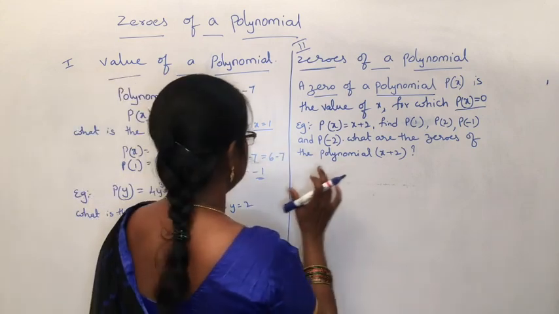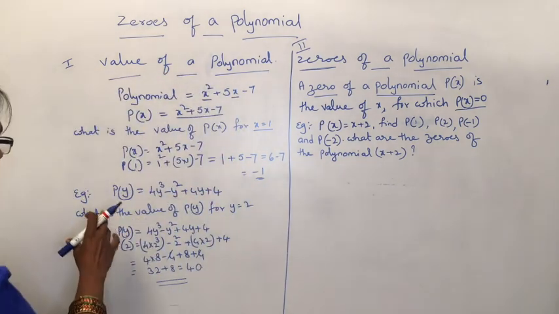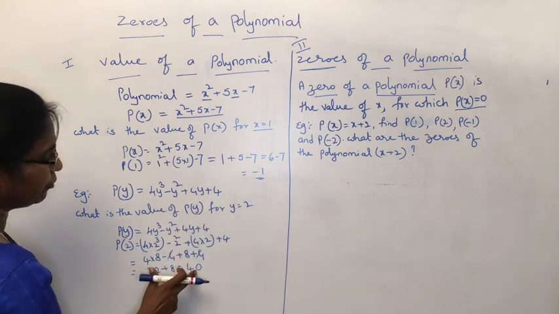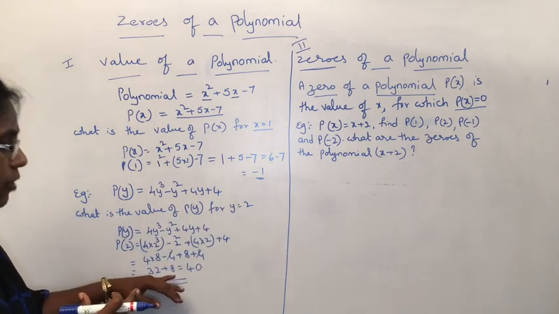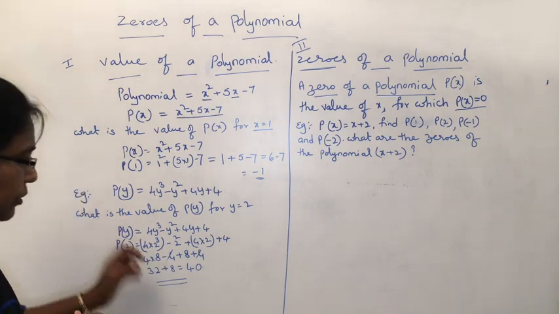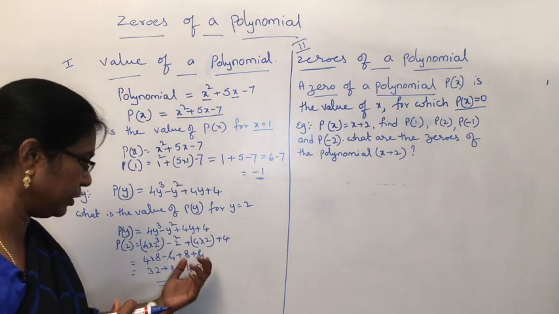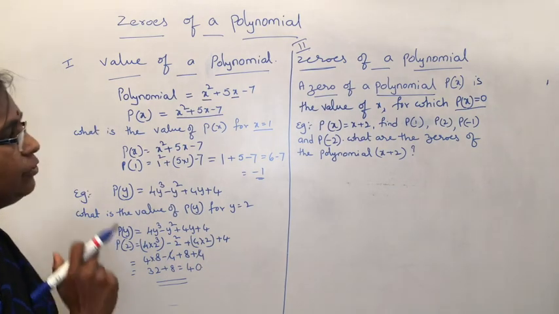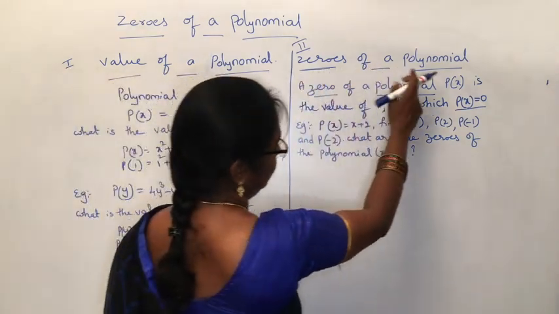Now suppose in the previous example P of y, we substituted the value 2, and you got 40. Then this is not a zero of the polynomial, because the answer must be 0 for us to say that it is a zero of the polynomial.